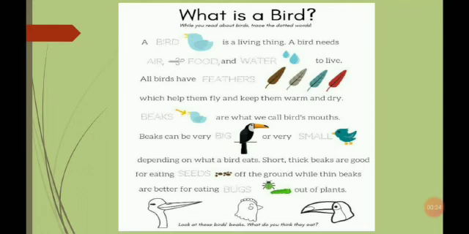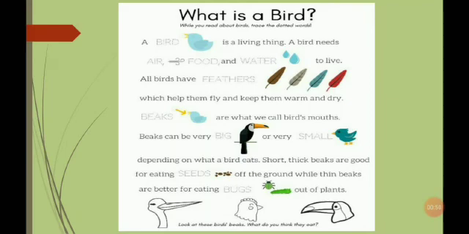All birds have feathers which help them fly and keep them warm and dry. Beaks are what we call a bird's mouth. Beaks can be very big or very small, depending on what a bird eats. Short, thick beaks are good for eating seeds off the ground, while thin beaks are better for eating bugs out of plants.